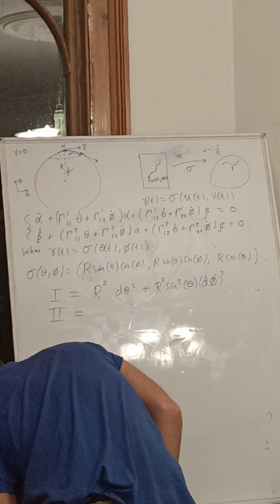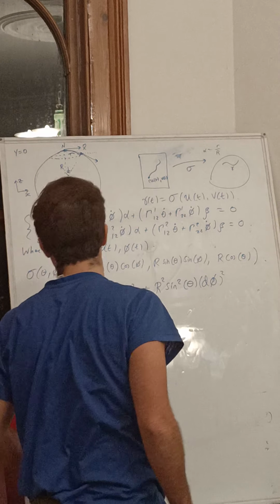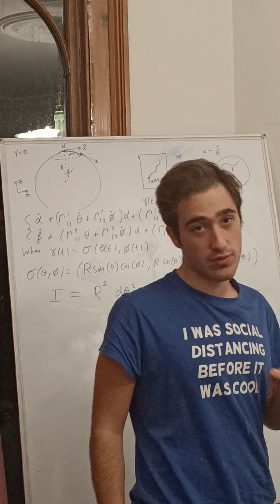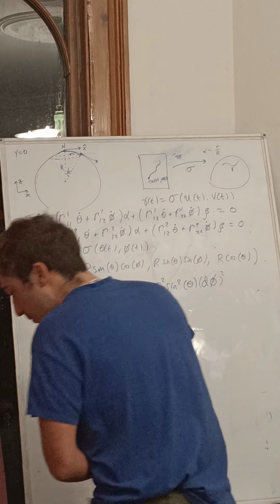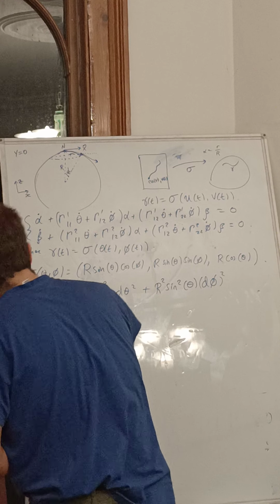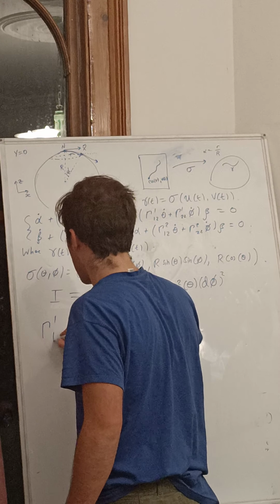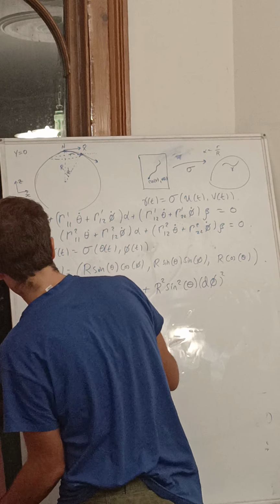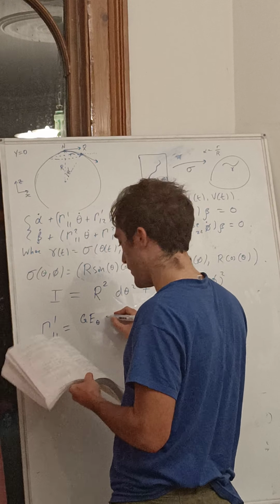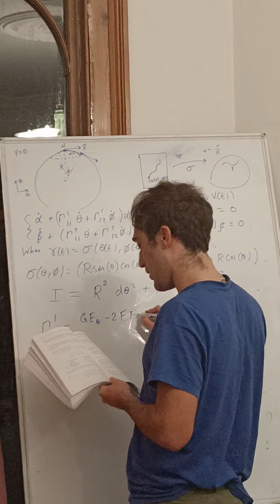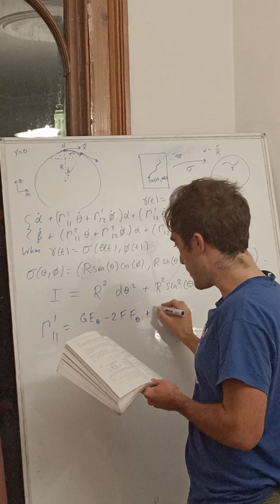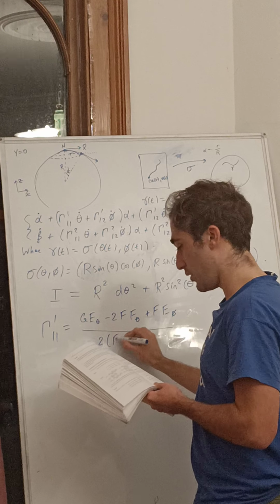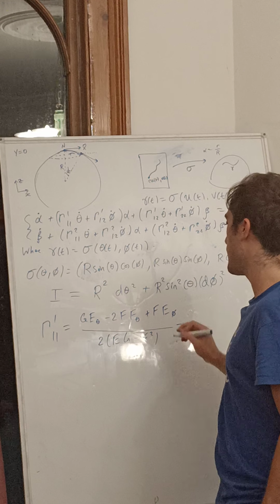What's special about the Gauss equations is that they don't depend on the second fundamental form. That's Gauss's remarkable theorem. So let's work out what gamma 1, 1, 1 is. That's G E theta minus 2F theta plus F E phi all over 2 into EG minus F squared.